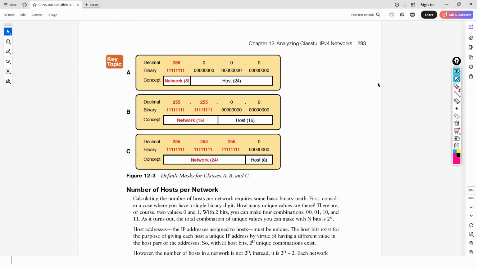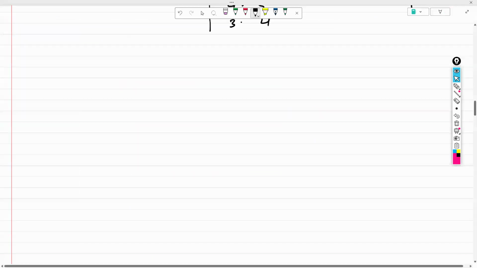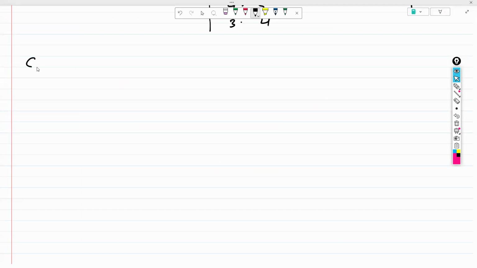Okay, now here is the most interesting part that we should be understanding. When we are trying to understand IPv4 subnetting or addressing, this is what we first have to understand, for all the classes.